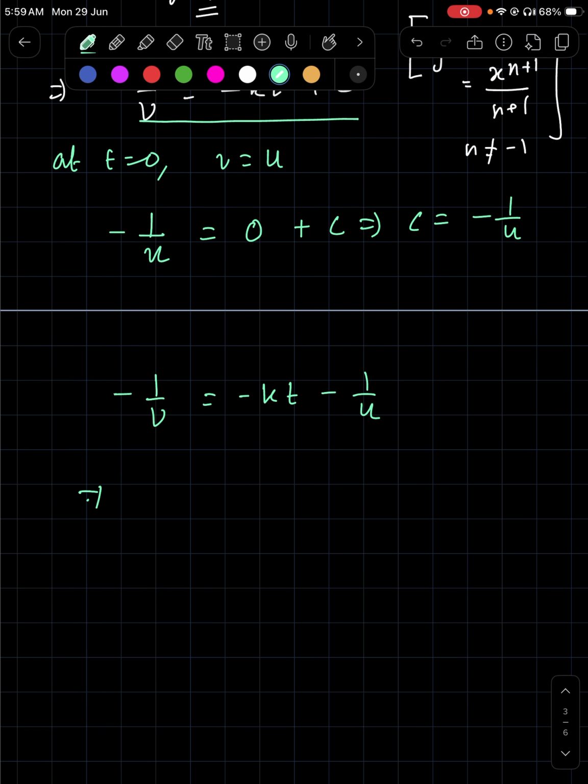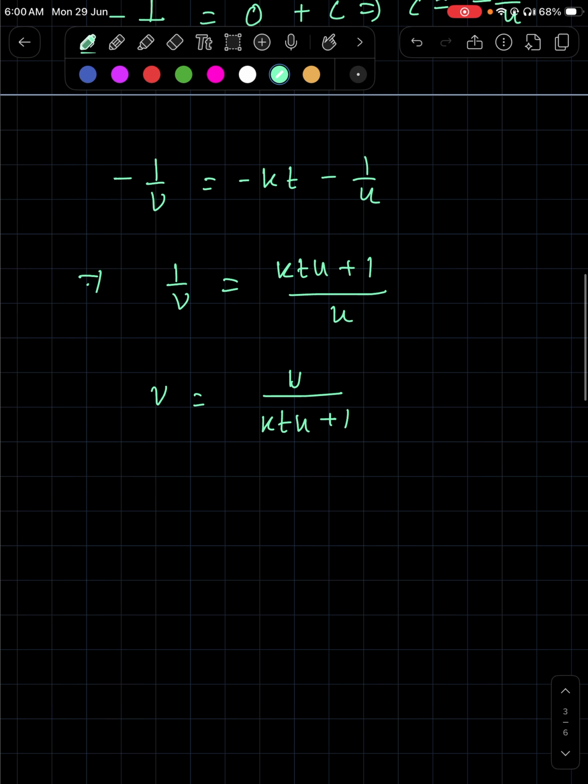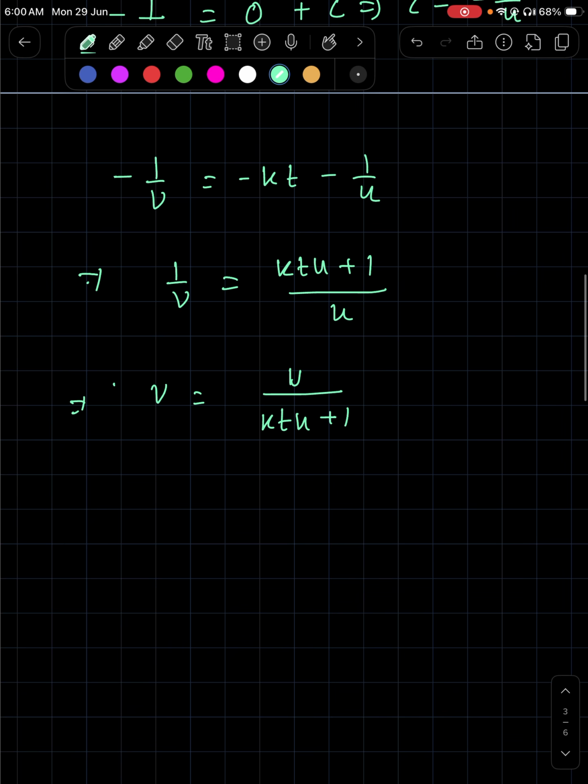So it becomes 1 by v equal to ktu plus 1 by u. So v becomes u divided by ktu plus 1. Right. So this is the instantaneous velocity of the particle at any instant of time.